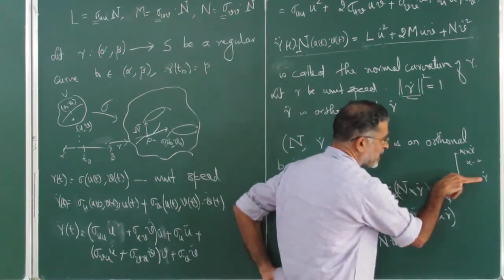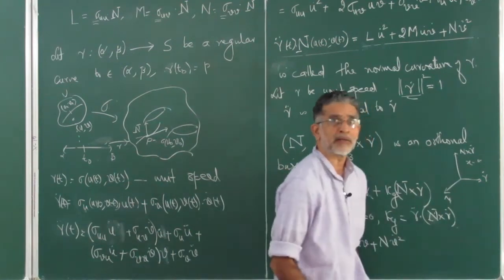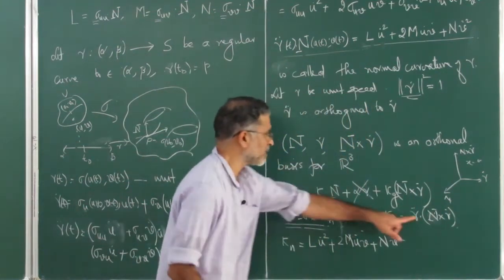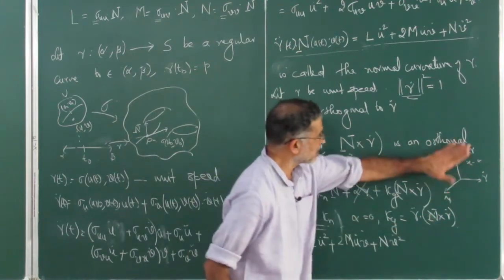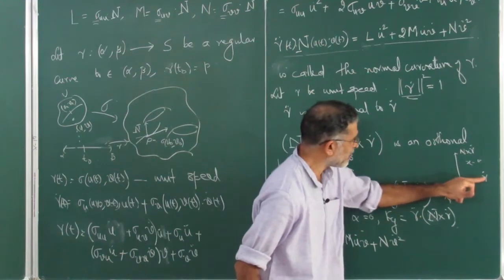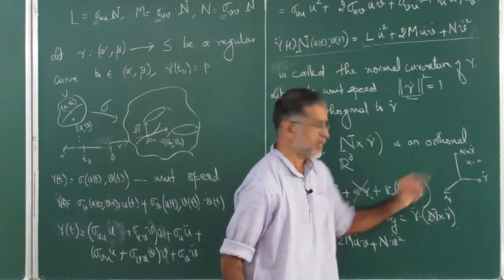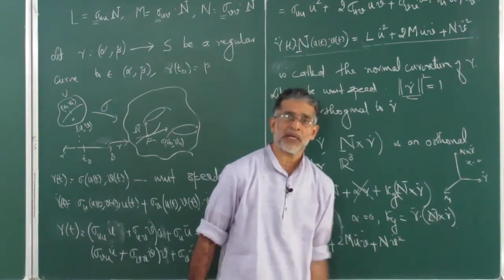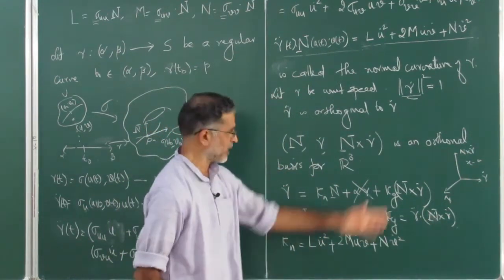When you are traveling in this direction, on your left side, you see this vector. So that's the tangent plane. This is the normal plane. You are traveling along the tangent plane. You look on the left side, you are going to see your n cross gamma dot, if you are using your right hand thumb rule. Okay, so that's what you see.